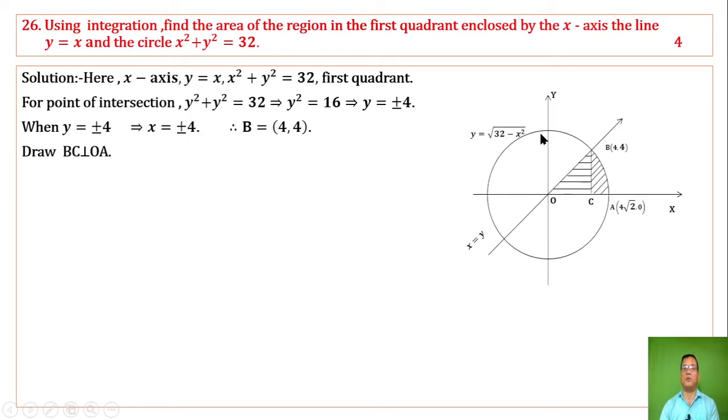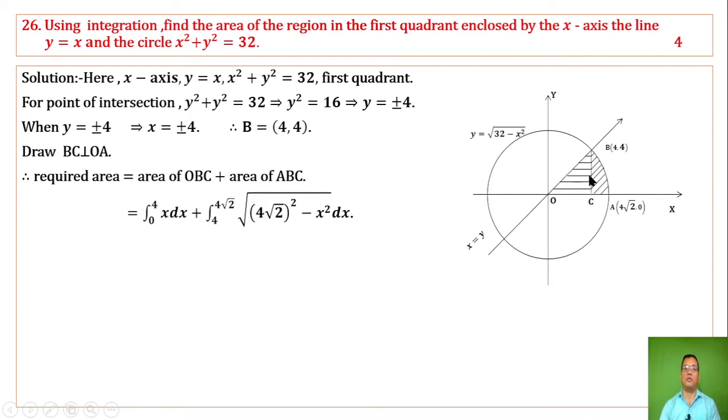The line passes through the origin, and the circle has radius 4 root 2, so the value of A is 4 root 2, 0. B is 4, and the origin is 0, 0. Drop a perpendicular. The required area is the sum of the two parts. Required area is the area of OBC and the area of ABC.